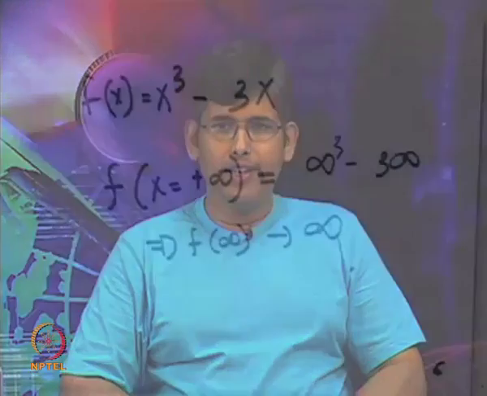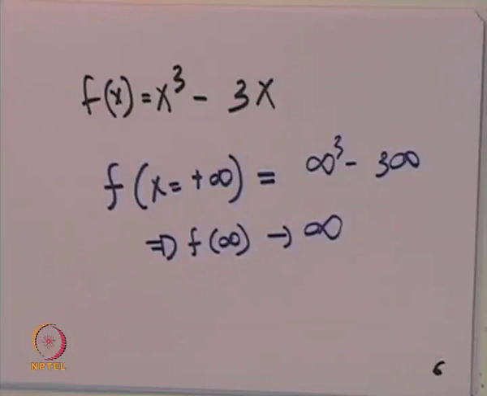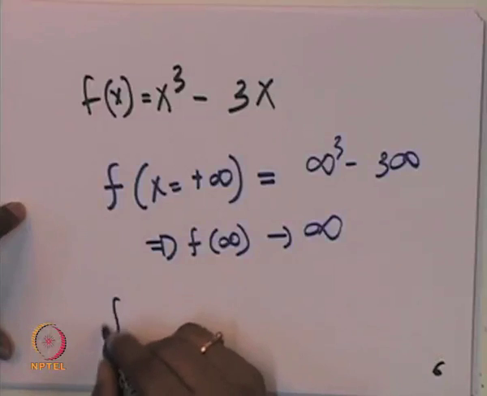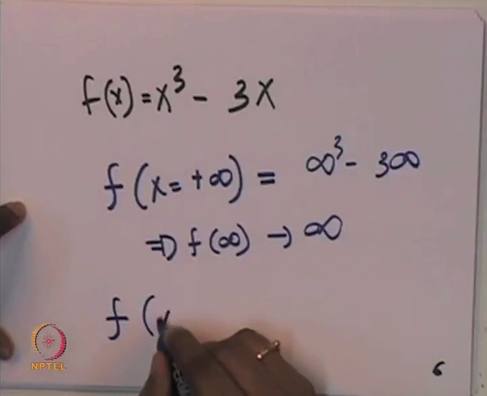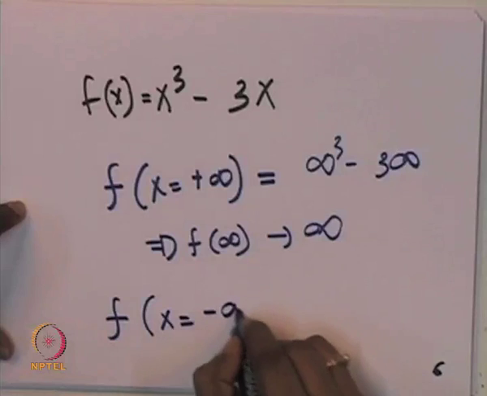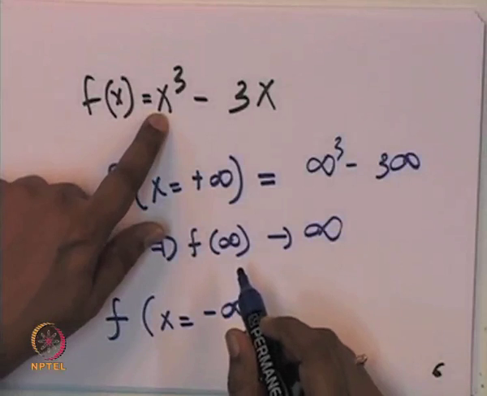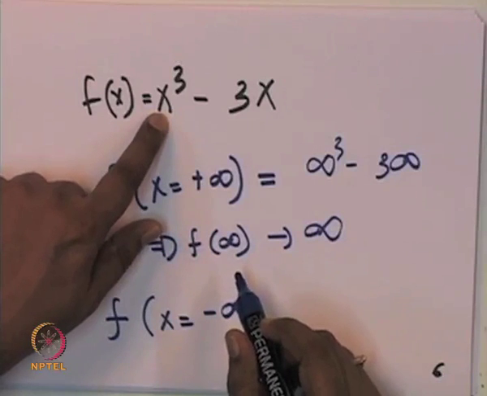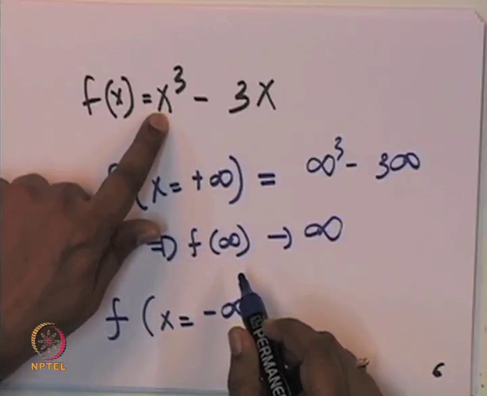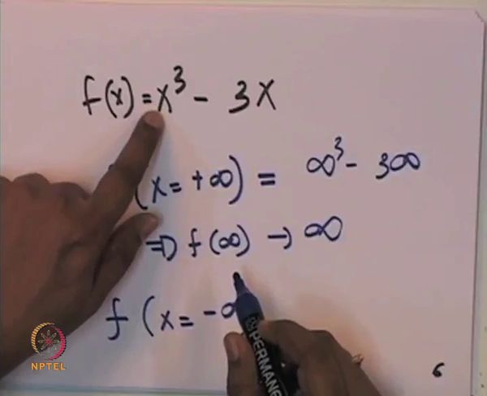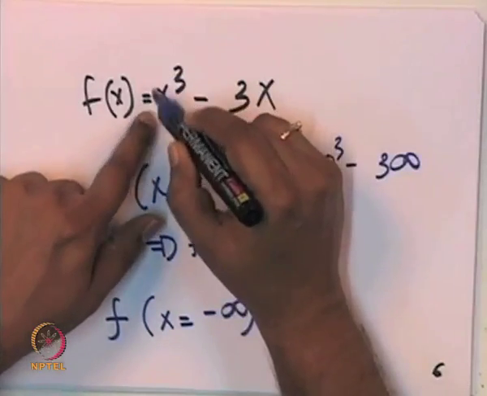The next point we want to find out is x equal to minus infinity. If you put minus infinity here, minus infinity cubed, three times multiplied, there will be a minus sign. The x cube term is the dominating term.